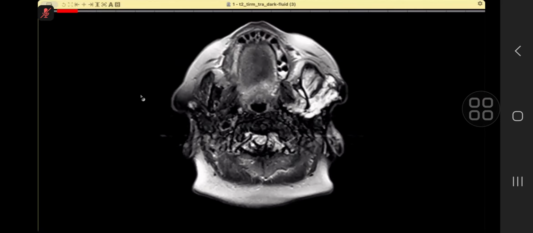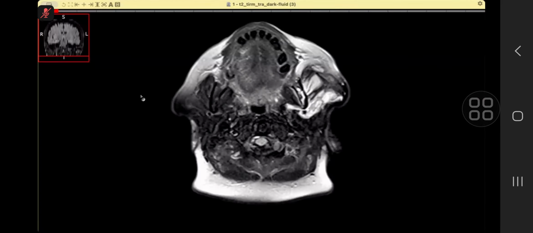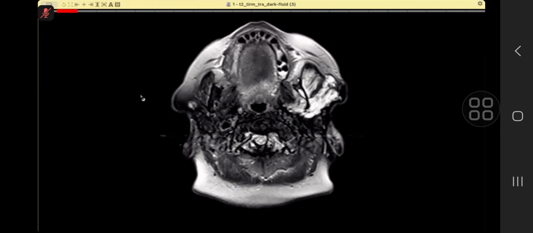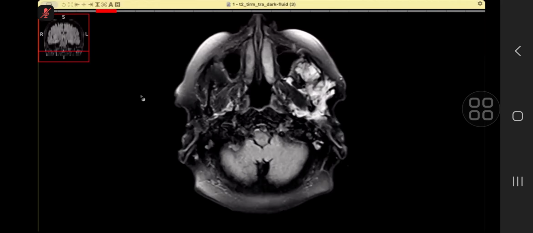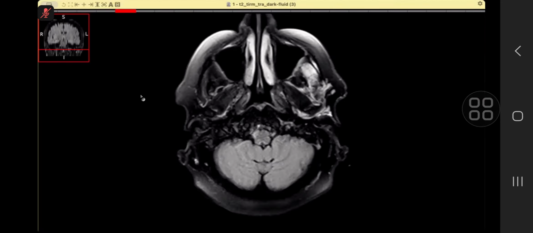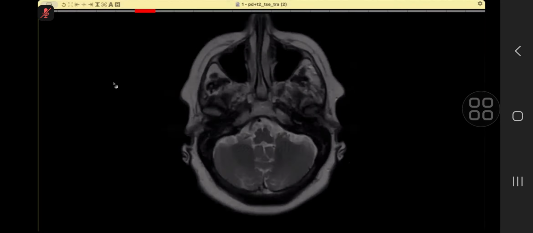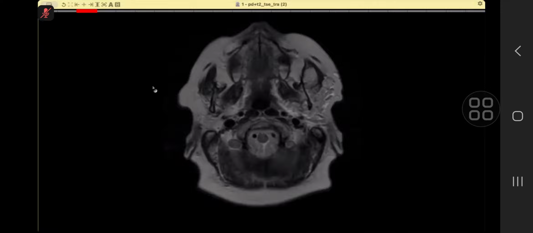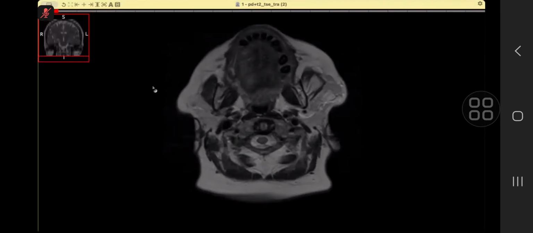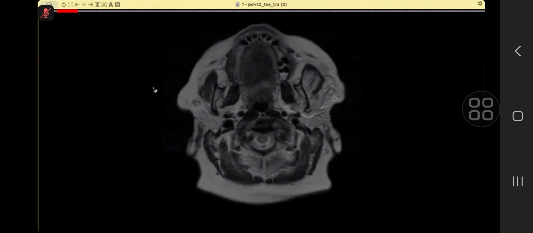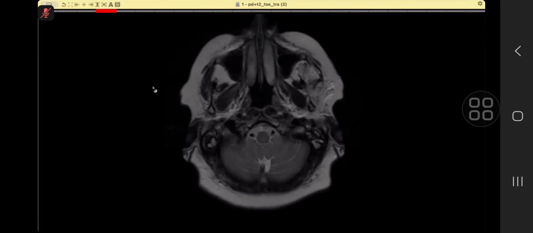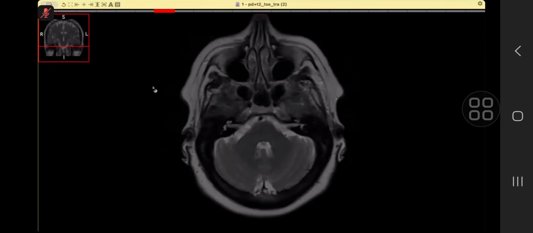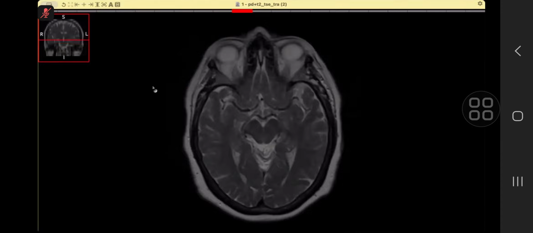So I'm not able to pick any significant pathology. Are the CT images available for the patient? Probably. Let me once again go to a T2. But as I was telling you, FLAIR was actually better than this T2. So you have not picked up anything?